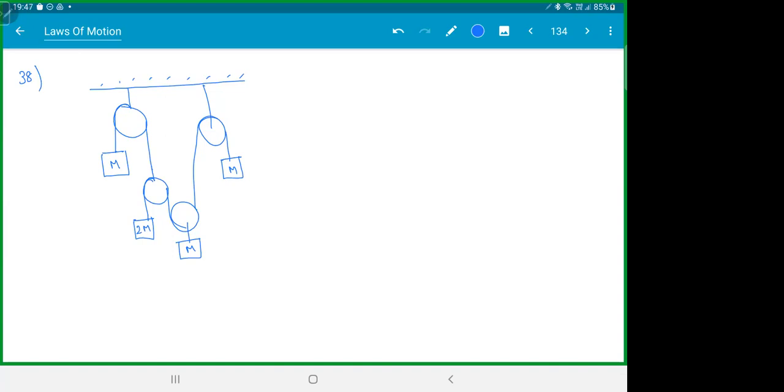Let's get this thing. Find the acceleration of this block. Try. Others, keep your cams on.